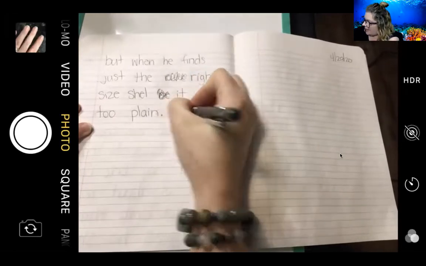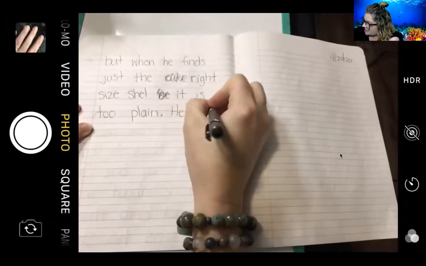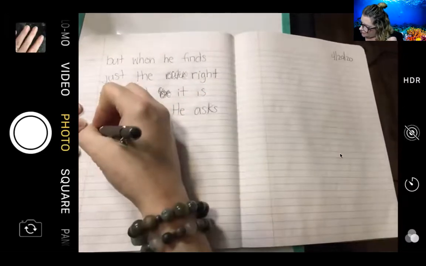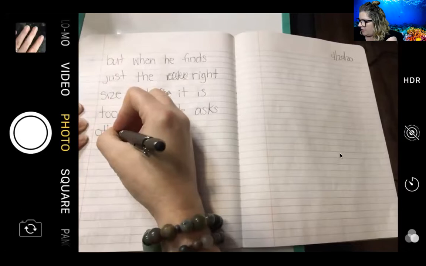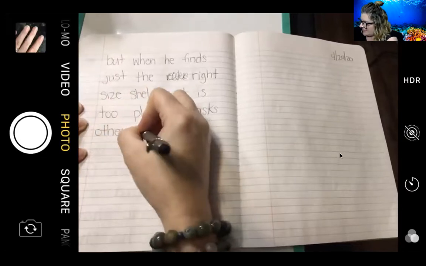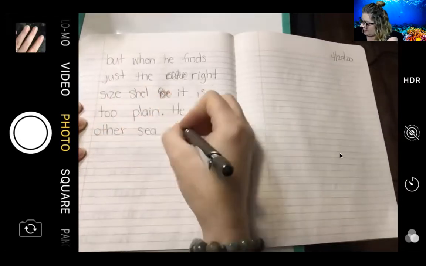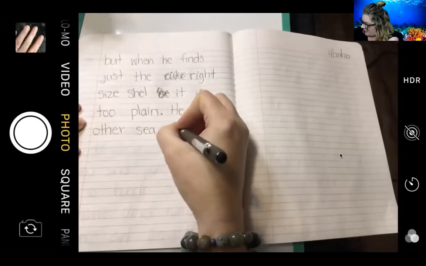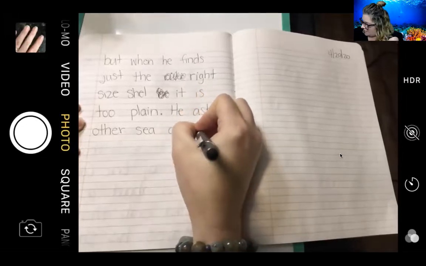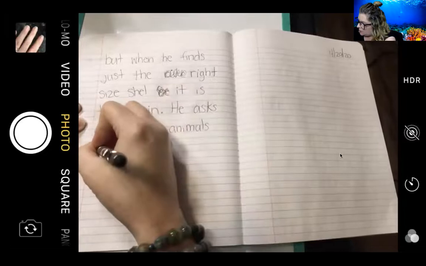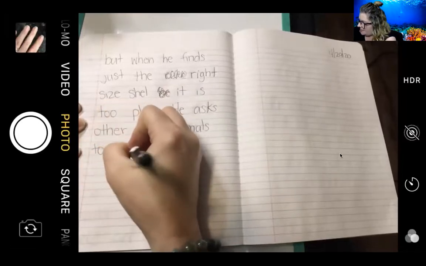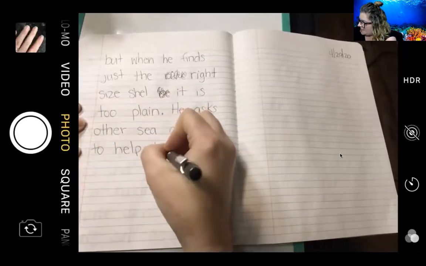He asks other sea animals to help him decorate.